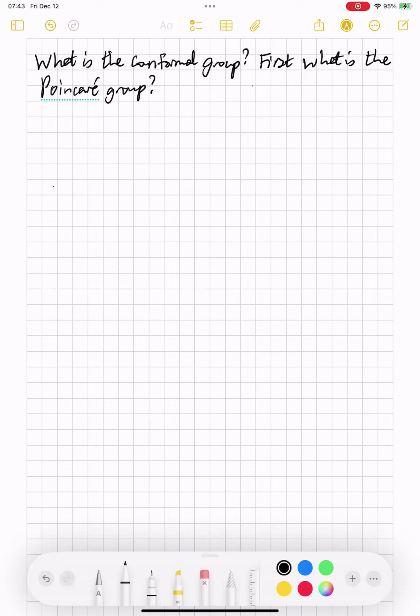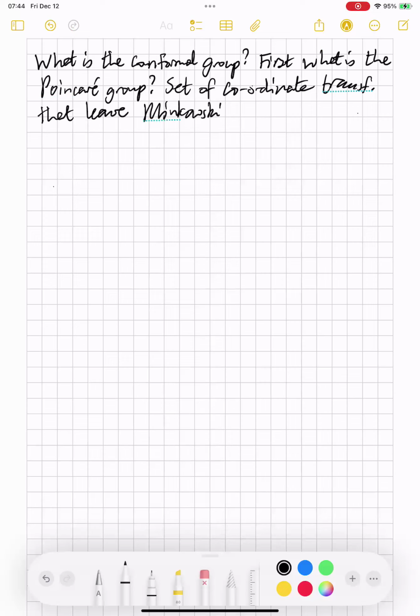But the way to actually specify the Poincare group is we can say it is the set of coordinate transformations that leave the Minkowski metric invariant.